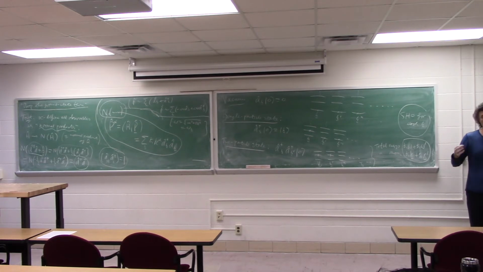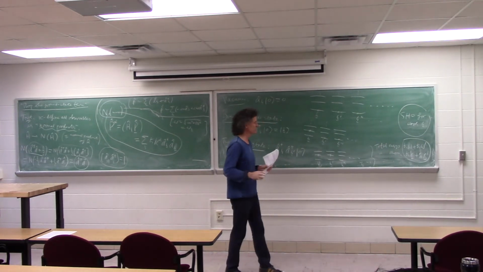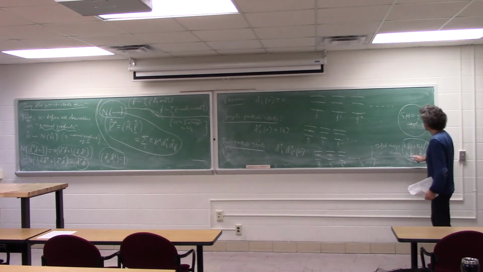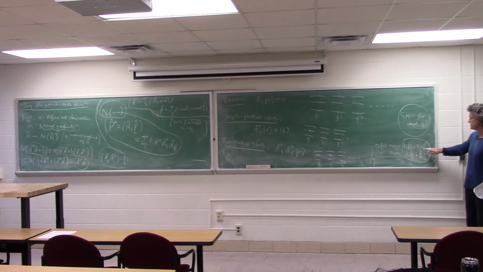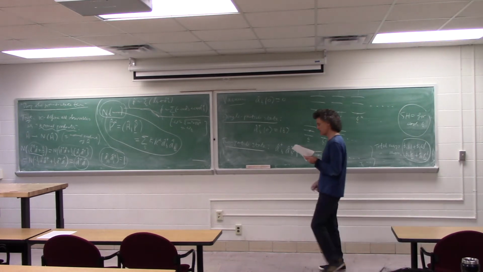Heuristically, you can think of this as the presence of two particles. There's one particle with energy h bar omega and momentum h bar k, and a second particle with energy h bar omega prime and momentum h bar k prime. It's a two-particle state.